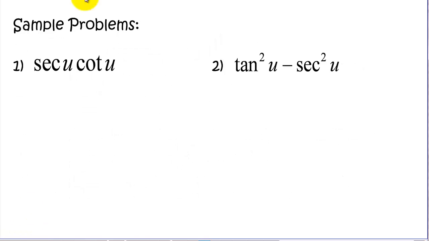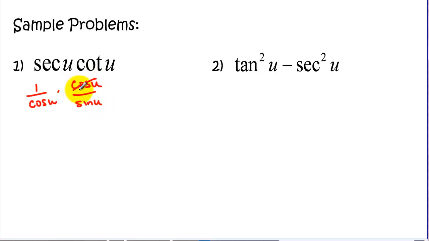So this first one, we may want to convert everything in terms of sines and cosines. So the secant is 1 over the cosine, and the cotangent is the cosine over the sine.